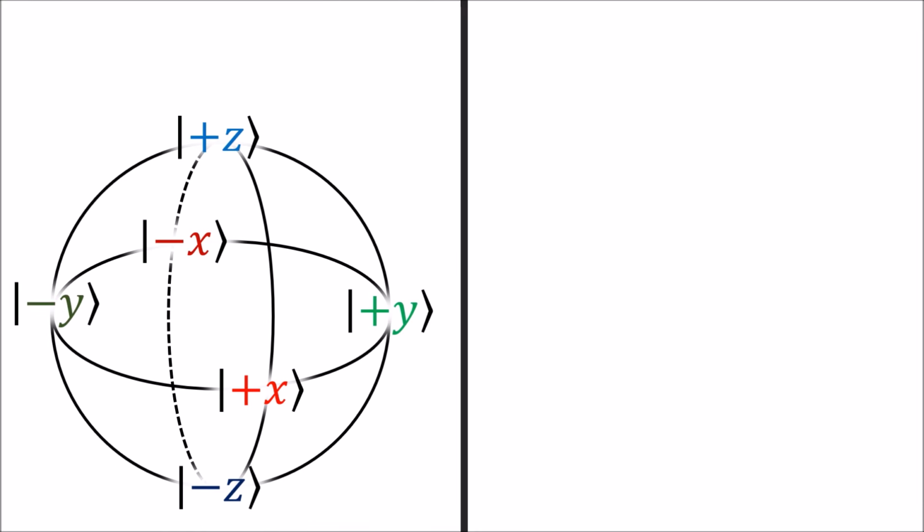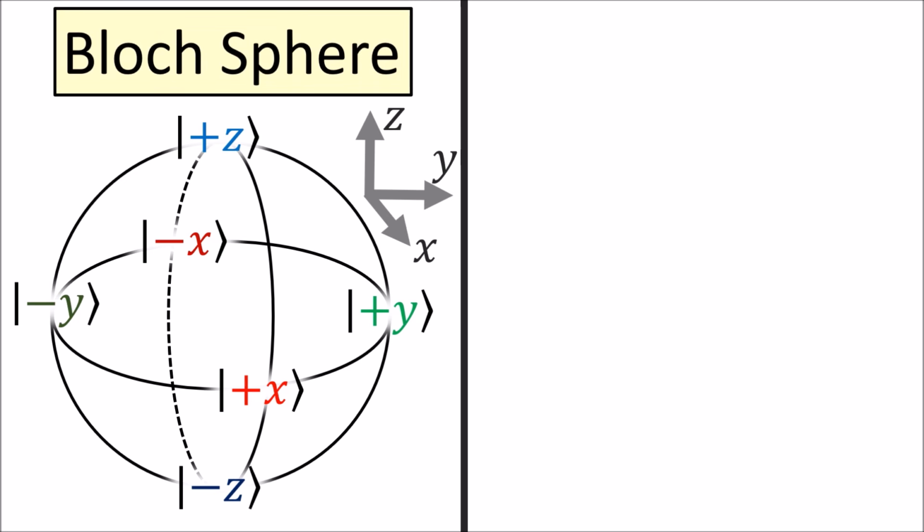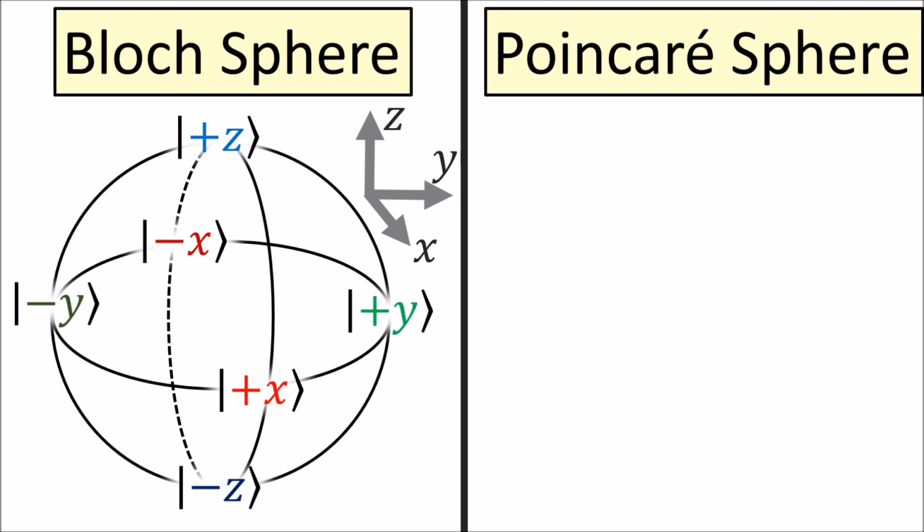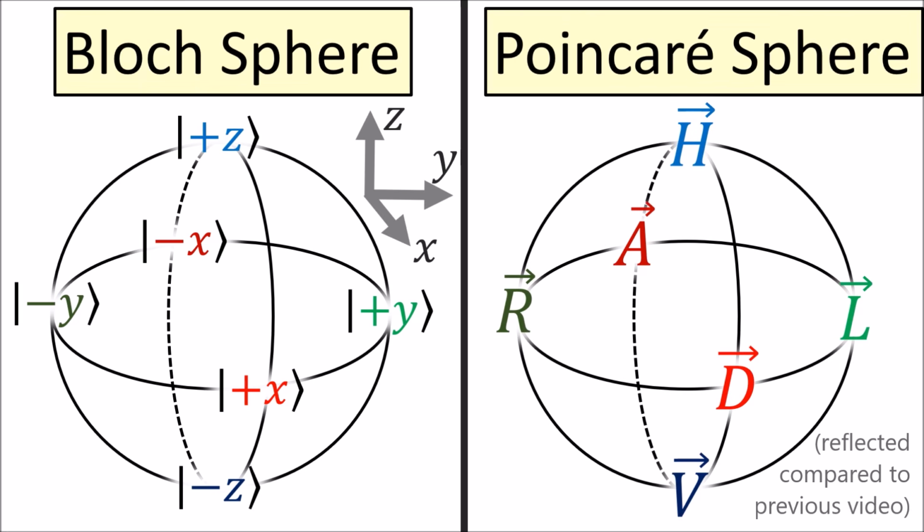It also turns out that we can arrange these 6 quantum states on a sphere like this, aligning them with the directions in physical space that they actually represent. This sphere is called the Bloch sphere. This is mathematically equivalent to the Poincaré sphere we saw in the last video, where the 6 main polarizations of light are also arranged on a sphere.